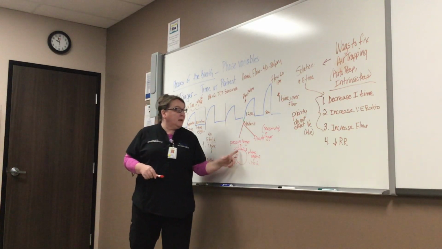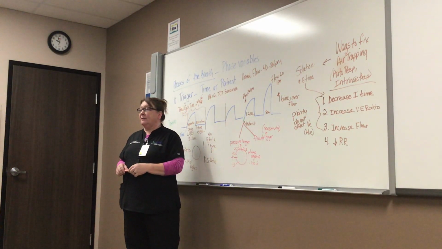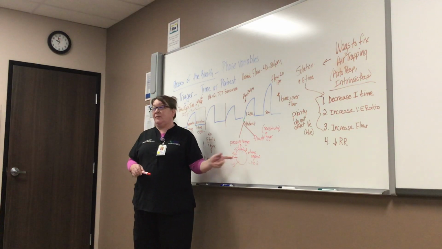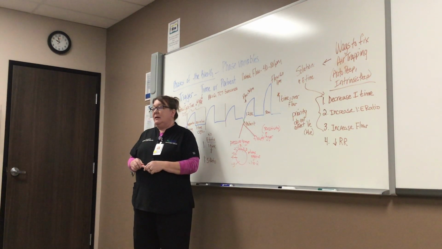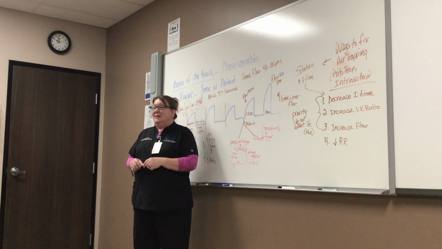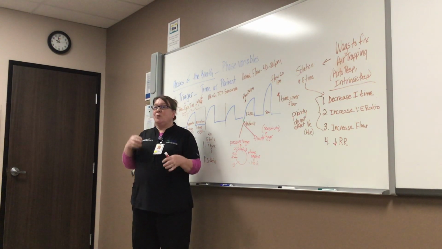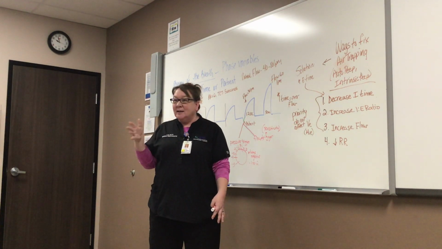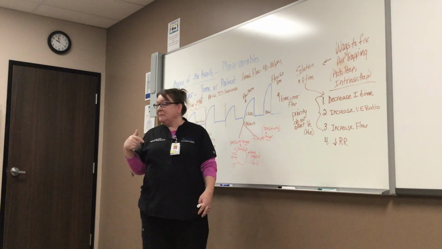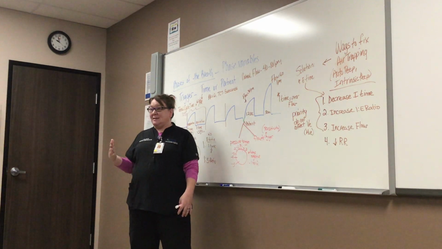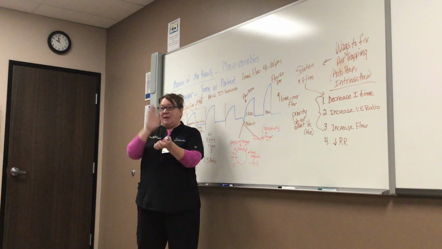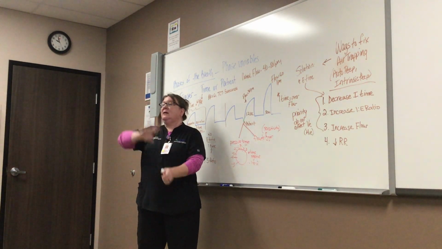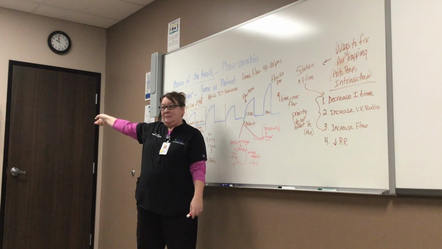What if I set it at -0.5? Even -1 is kind of iffy sometimes. When you set it that sensitive, if you just bump the vent circuit, the ventilator thinks you're trying to take a breath. That's too sensitive, so it's just going to give breath after breath after breath.